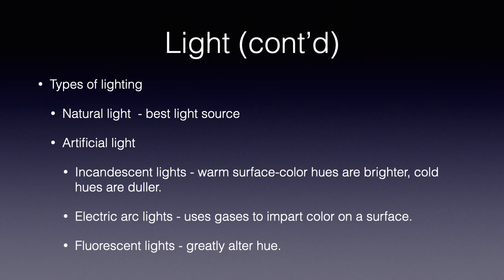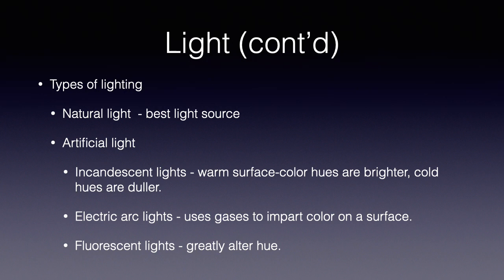So there's natural light and then there's artificial light. So natural light is going to be sunlight. Now your natural light is pretty much going to give you a true sense of what color something is. Let's use hair color, for example.